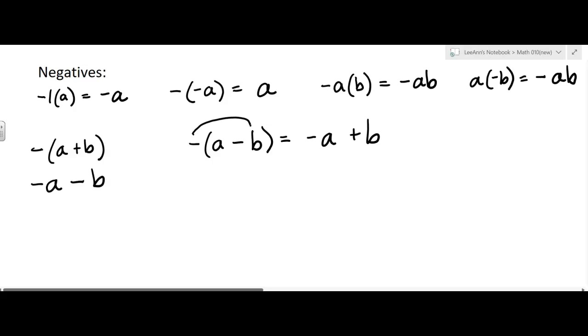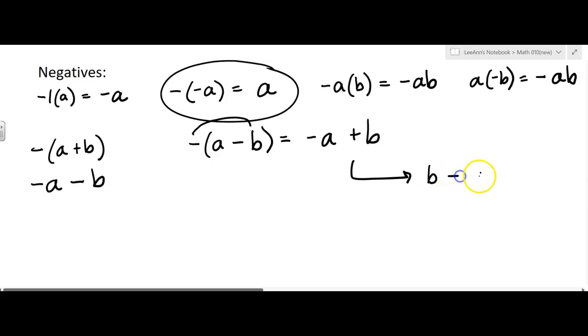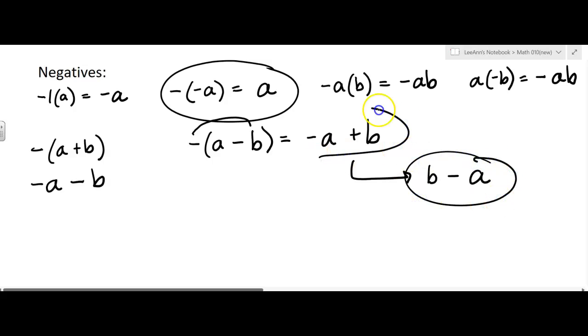So you're subtracting a negative number or an opposite, so it's just going to be b. Now, one thing on this, we can switch this to be b minus a. Sometimes that's really useful to do, to write it as subtraction rather than this addition here. You don't have to do that necessarily. Sometimes we don't do that, but every once in a while we do that.